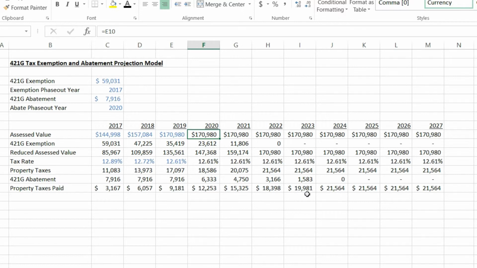Many property owners forget to do this as a building, and as a result, assessed values can get out of control, and then they are surprised when the abatement and assessment ends, or exemption ends. So please be careful, and we hope you enjoy this model.